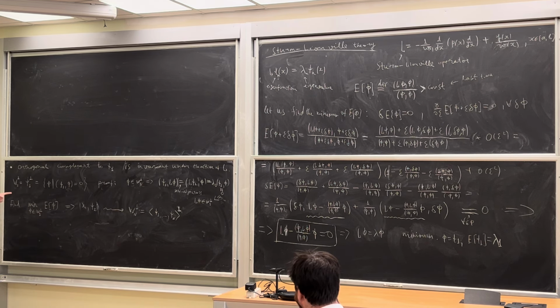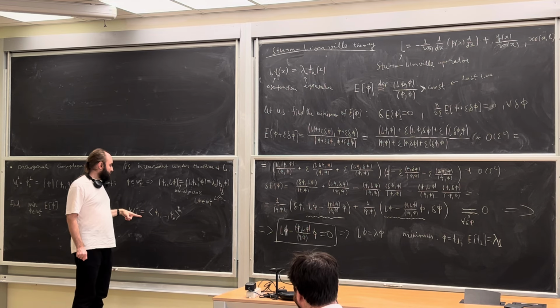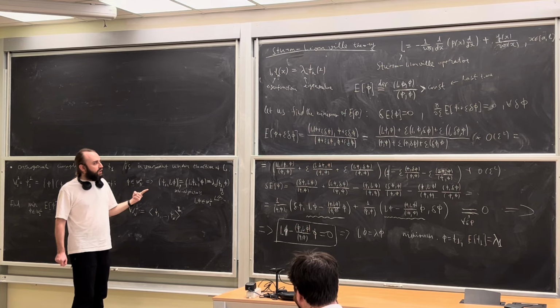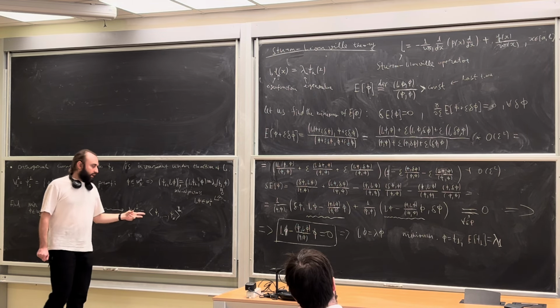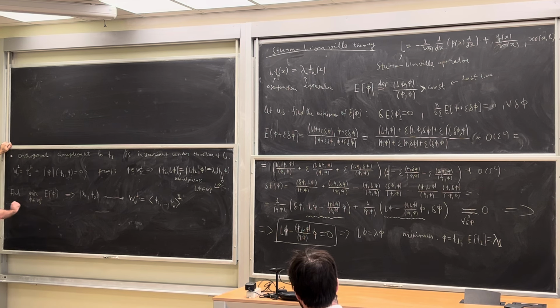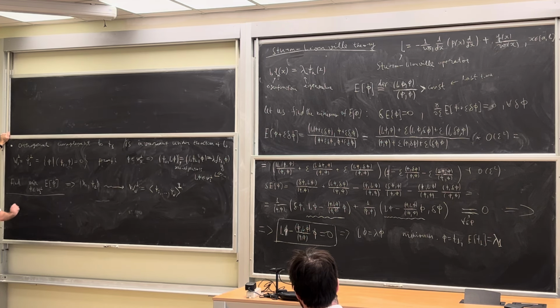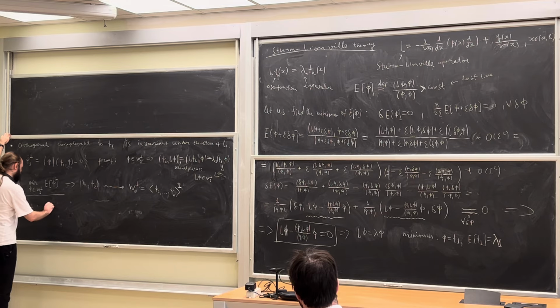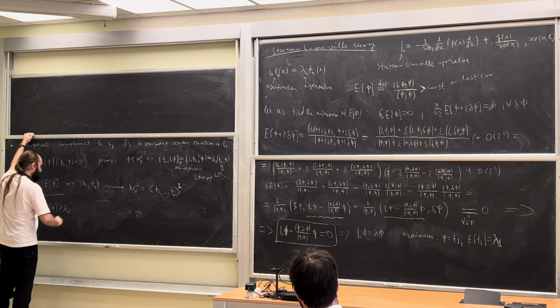Since we are finding these eigenfunctions by minimizing this functional, any function that belongs to this orthogonal complement will lead to a value of energy higher than lambda n. We have this by construction.